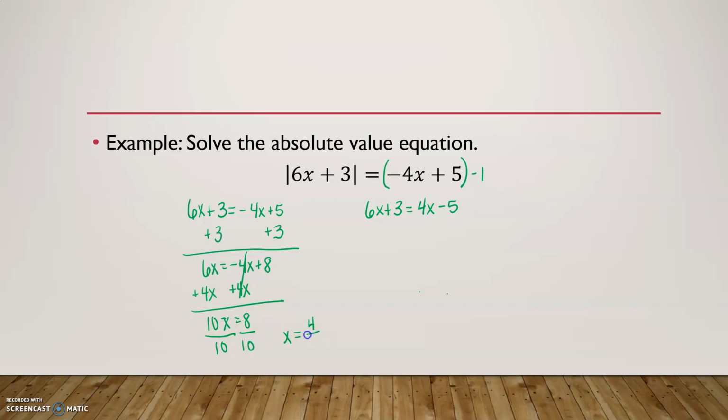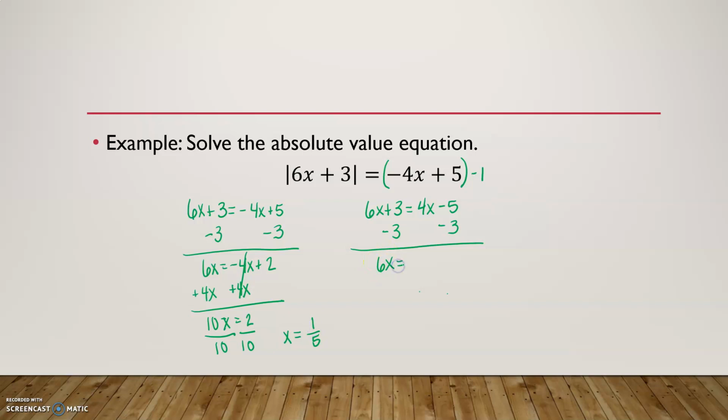X equals 4/5. All right, next I'm going to solve this one. Subtract 3. Oh, I made a mistake over here. Should have subtracted 3. That's going to change my answer. So that'll be 2. That'll be 2. And that'll be 1/5. Sorry about that.